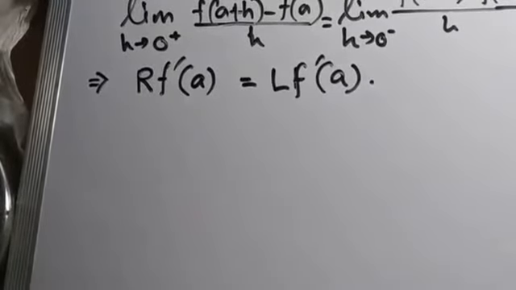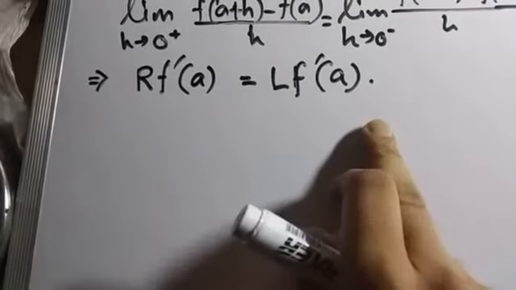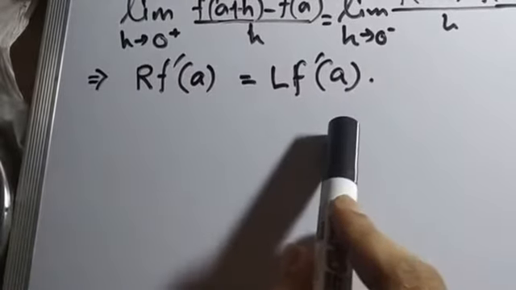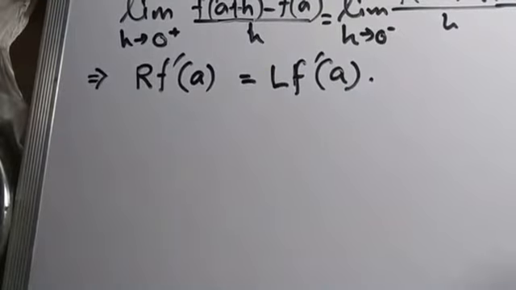In case of functions which have two different expressions on the left hand side and right hand side of a point, we use this definition of differentiability. That is, if the right hand derivative and the left hand derivative are equal, then we say that the function is differentiable, and if they are not equal, then differentiability will not hold for that function.